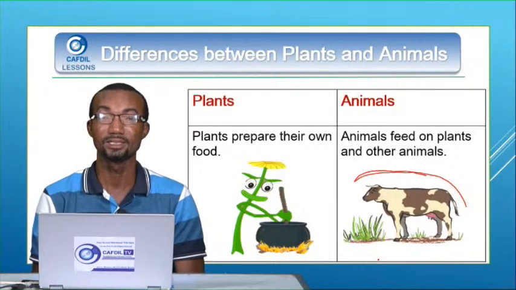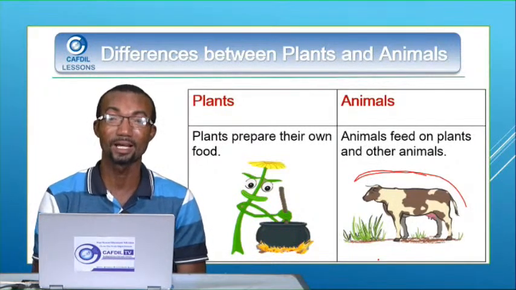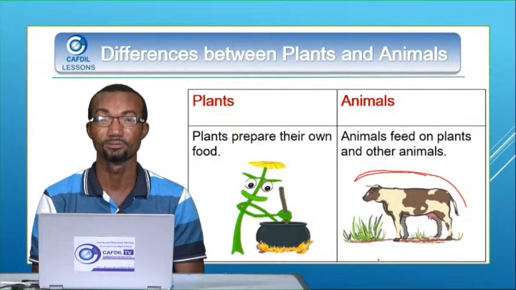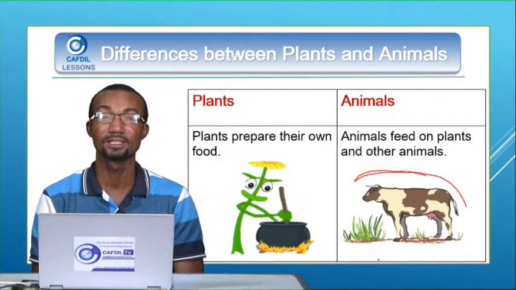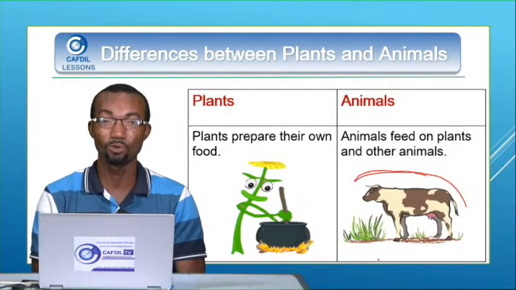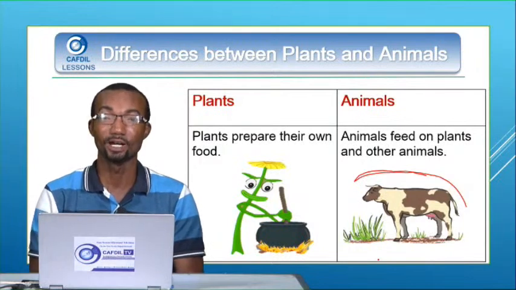Not all plants eat grass, as we see the cow or the goat eating grass. Some plants also eat other animals to survive. But the difference here is that plants prepare their own food and animals depend on plants for their food.